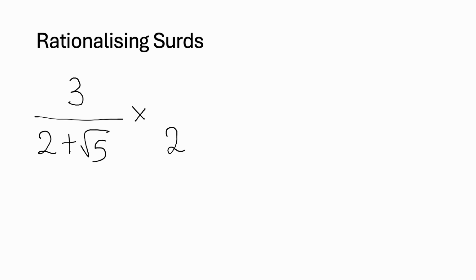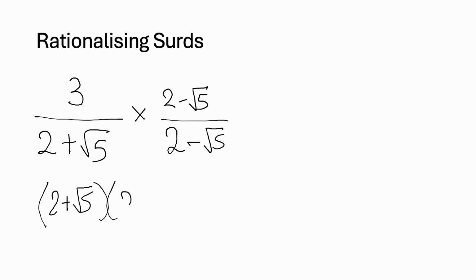So let's say we have 3 over 2 plus root 5. If we want to rationalise this surd, we have to essentially times by 2 minus root 5 for the top and bottom. Okay, so we expand 2 plus root 5 and 2 minus root 5.